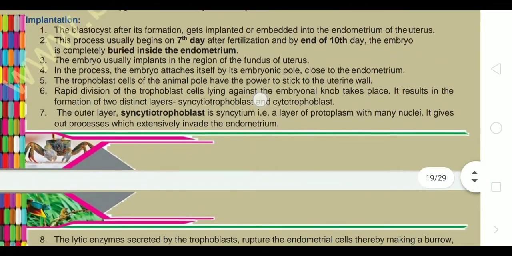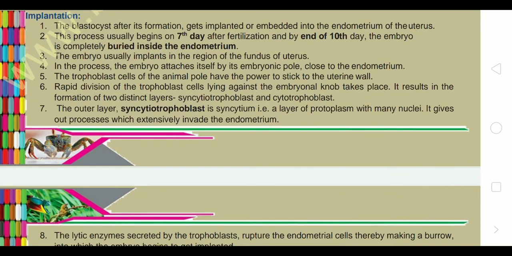Implantation. The blastocyst, after its formation, gets implanted or embedded into the endometrium of the uterus. This process usually begins on the 7th day after fertilization, that we have seen earlier, that is from zygote to morula, morula to blastula. So after the blastula, implantation takes place.